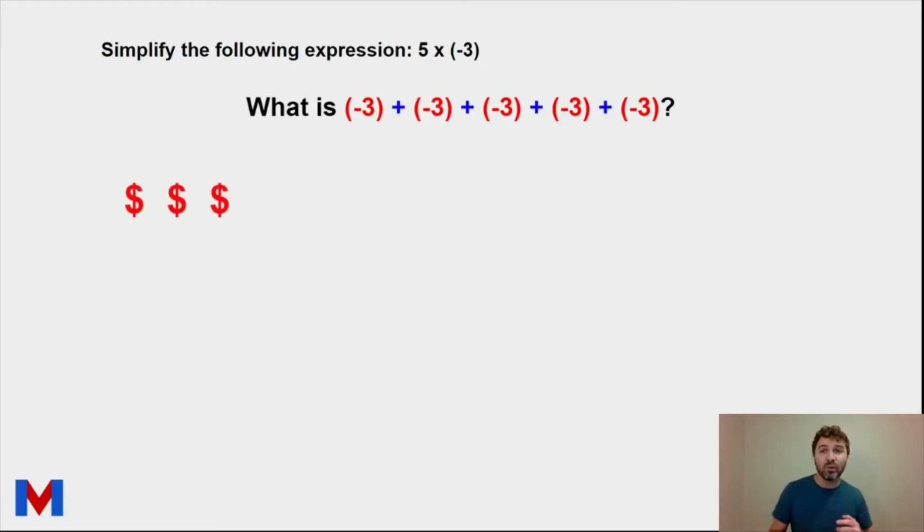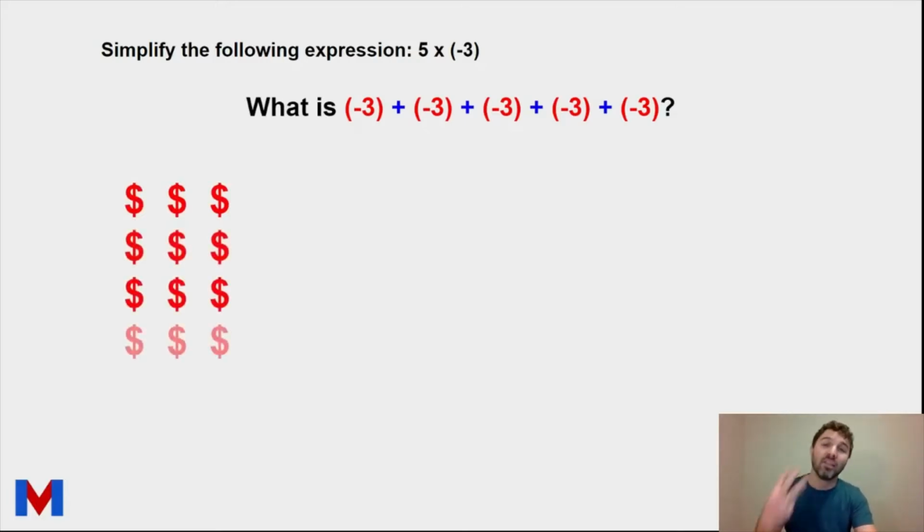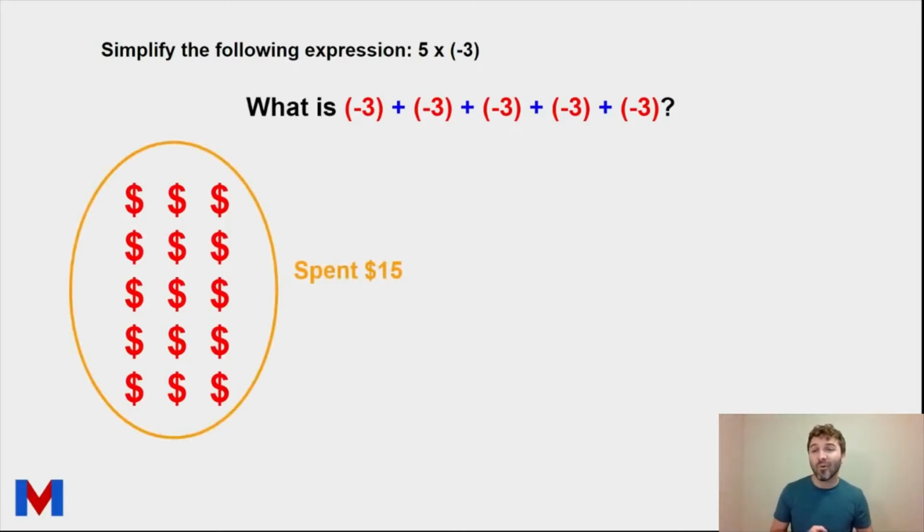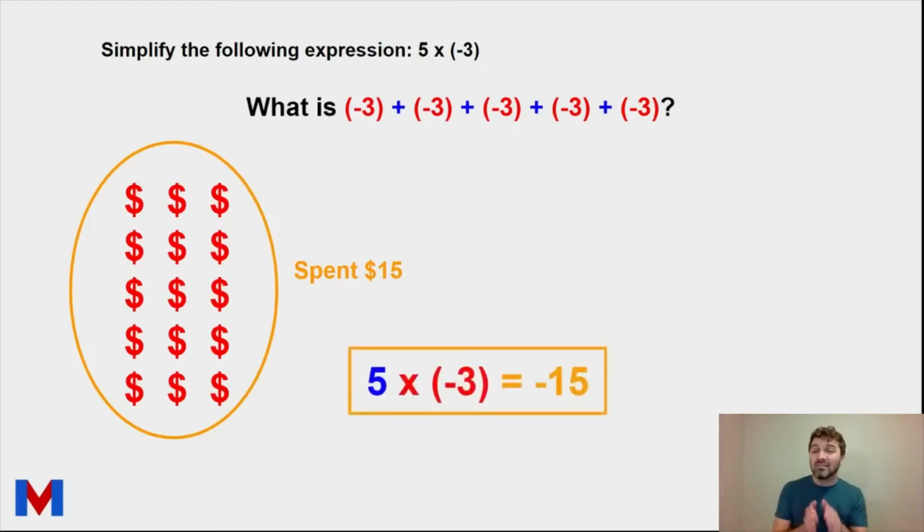It's like you go to the store, you spend $3, and then spend 3 more, and then 3 more, and then 3 more, and then 3 more. So overall, you've spent $15. Or you can say that you're down $15, or you have negative $15. I guess it's more like if you put it on a credit card, then you have negative $15. But anyways, 5 times negative 3 is negative 15.